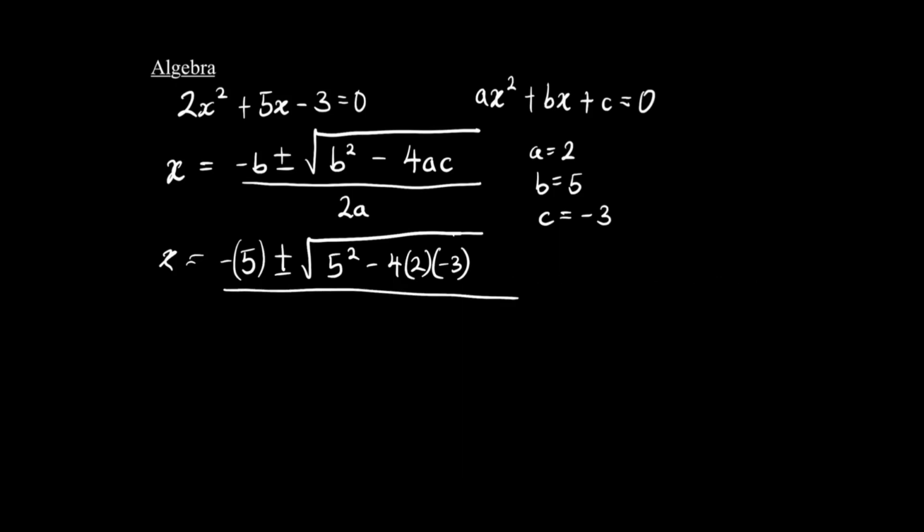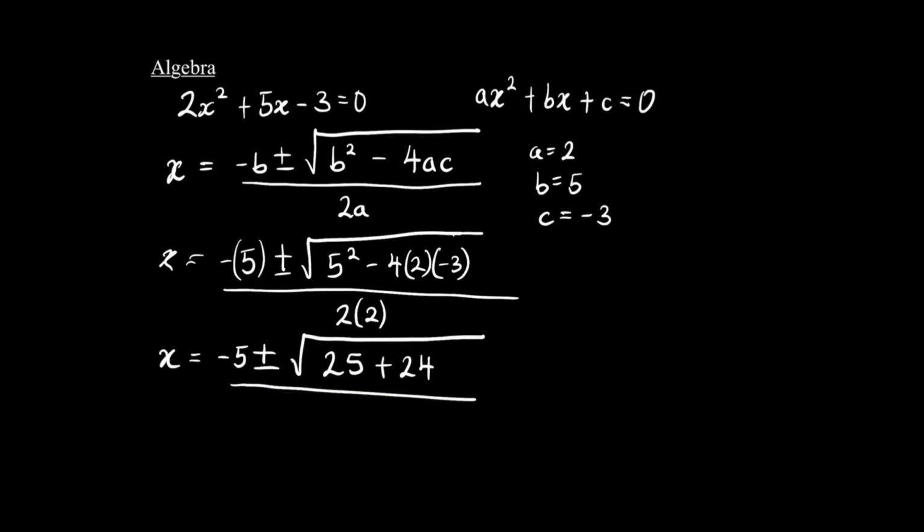All of this divided by 2 multiplied by a, which is 2. So we can say x equals negative 5 plus or minus the square root. 5 squared is 25. Negative 4 times 2 is negative 8. And negative 8 times negative 3 is a positive 24. All of that divided by 2 times 2 is 4.